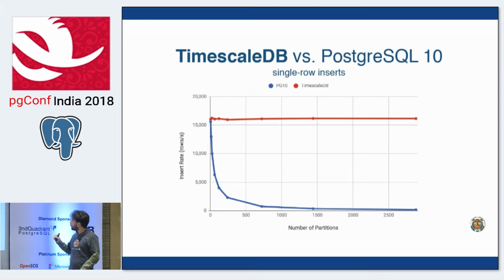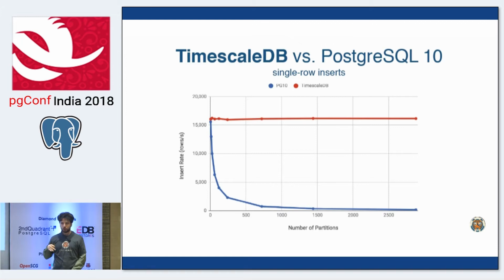But one of the problems in Postgres 10 is that declarative partitioning was still designed for the OLTP use case. And in the OLTP use case, you might have 40, I don't know, 60 partitions is very high for an OLTP workload.